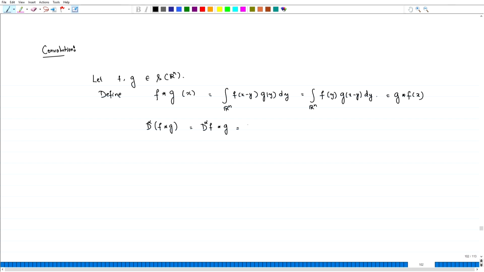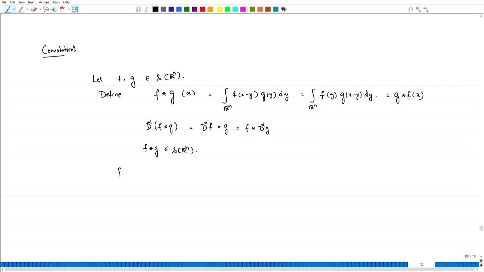We are taking both f and g in the Schwarz space, so we can write this too. And just like in the case of R, one can prove that f convolution g belongs to the Schwarz space of R^n.